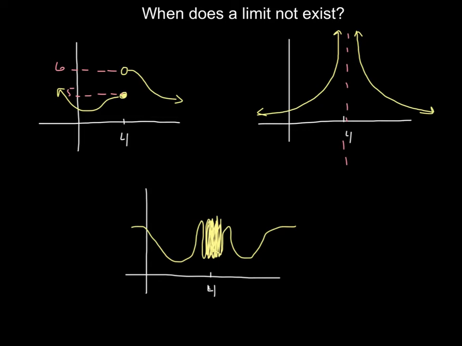So in this case, this limit does not exist at x equals 4. It does exist at other values. It makes perfect sense for me to talk about the limit as x approaches 1 or -2 because there's no issue on this curve here. And same with values that are bigger than 4. They will all have a limit. The only place where this one is not going to have a limit is at 4. So this one is what's called a step discontinuity.